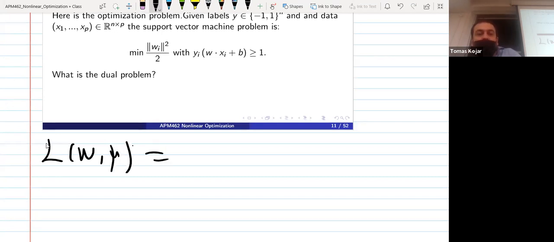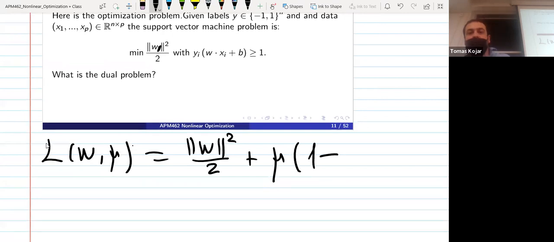So you have your function of W squared. There's no I. And then mu of 1 minus y. Oh, I see, here. It's a summation.